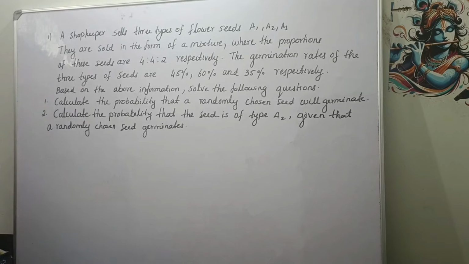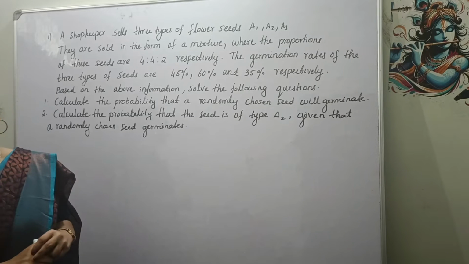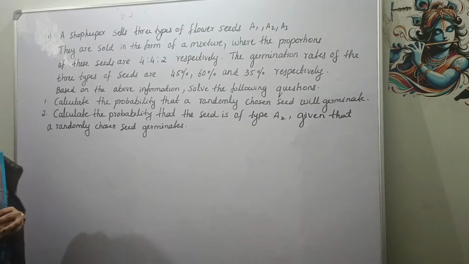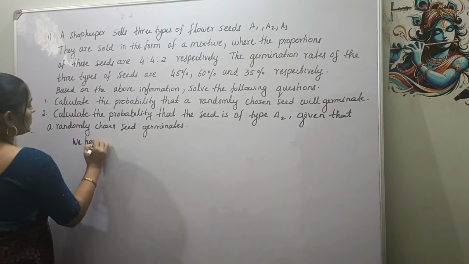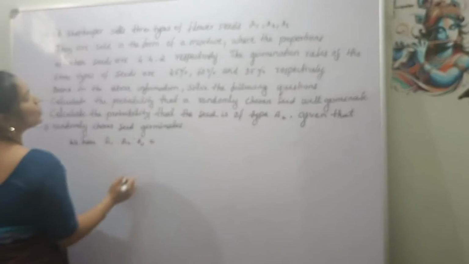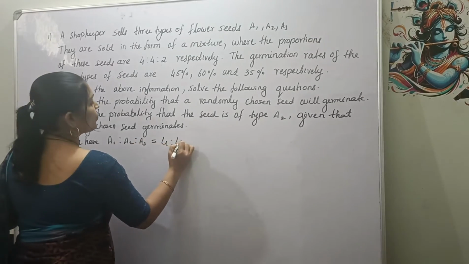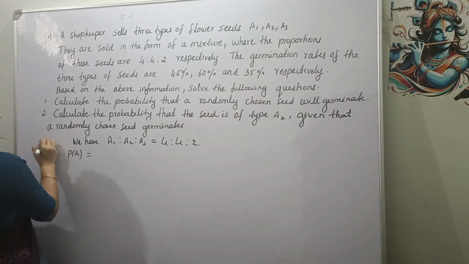First question, calculate the probability that a randomly chosen seed will germinate. There are three types of seeds, A1, A2 and A3. We have the ratio A1 is to A2 is to A3 is equal to 4:4:2. That is, what is the probability of A1?